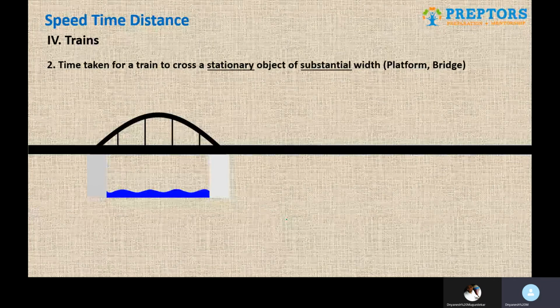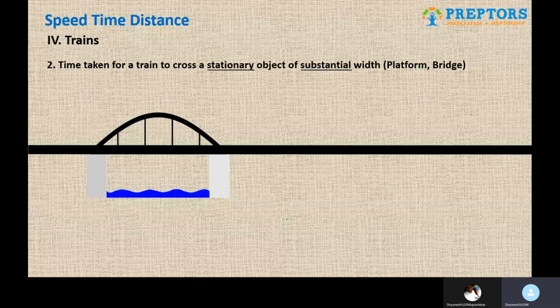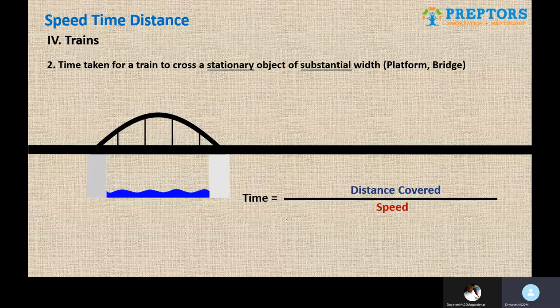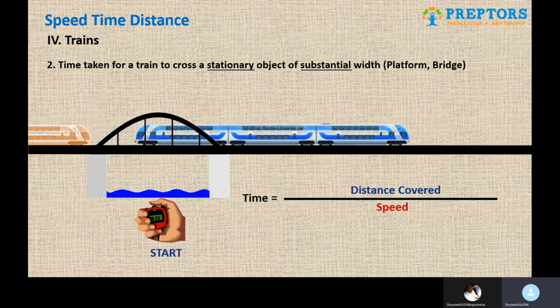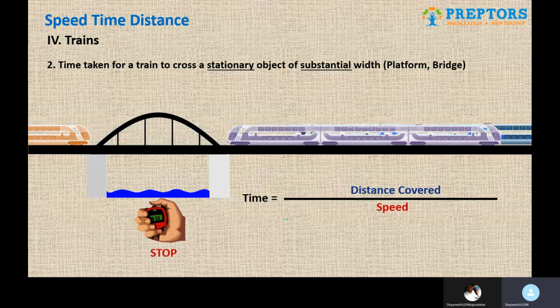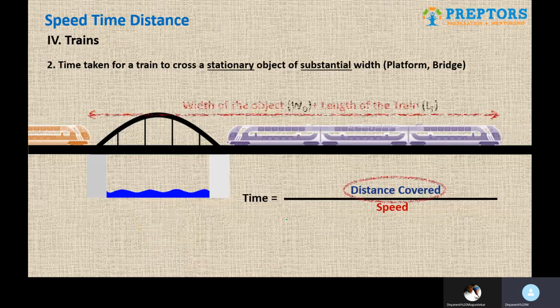And in that case, again, relative speed is not there. But the formula is that the train has to cover both distances, the length of the train as well as the length of the platform, and hence the numerator becomes LT plus WO, where WO is the width of the object, plus the length of the train.